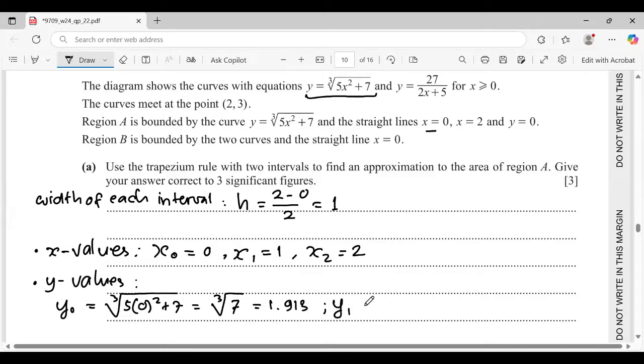After that, y1 is the cube root of (5 times 1 squared plus 7), so it is the cube root of 12, which is 2.289.